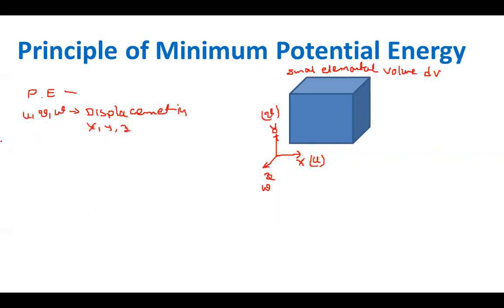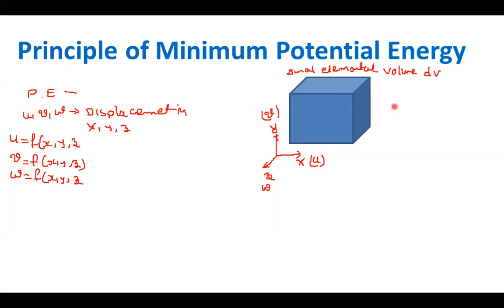So u may be a function of X, Y, Z. Similarly, v may be a function of X, Y, Z, and w is also a function of X, Y, Z, because u, v, w are the three-dimensional displacement in X as well as Y as well as Z direction.